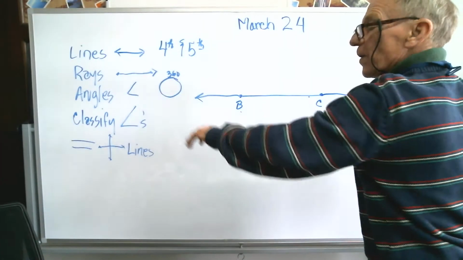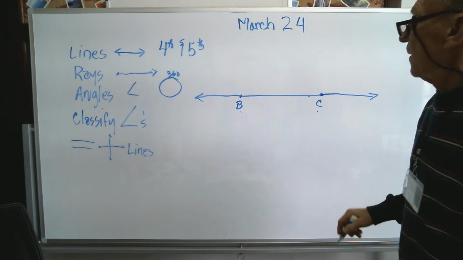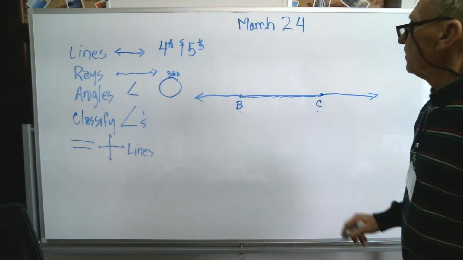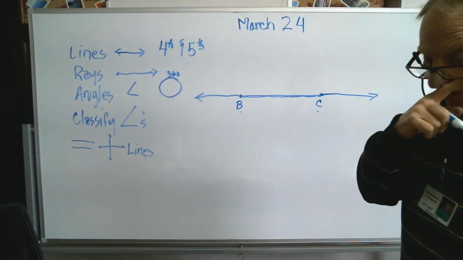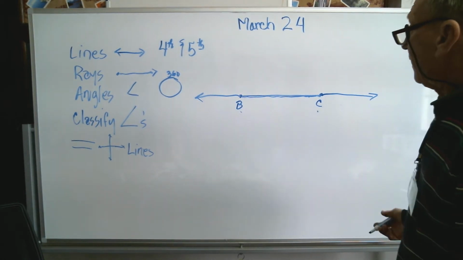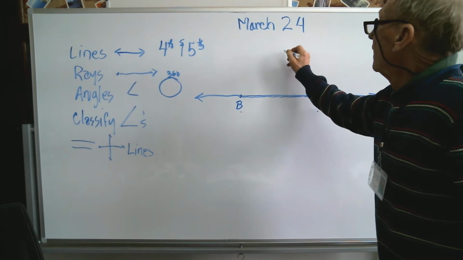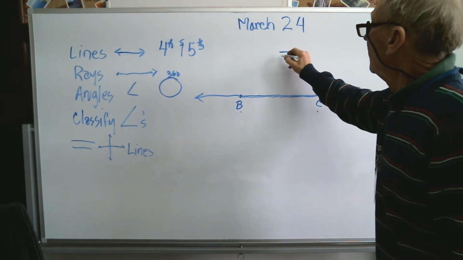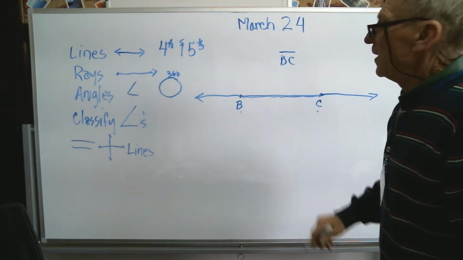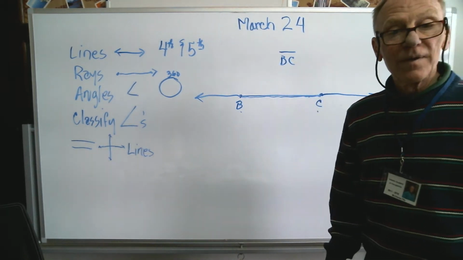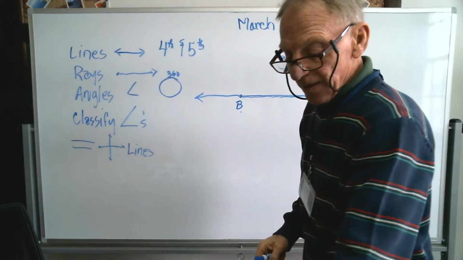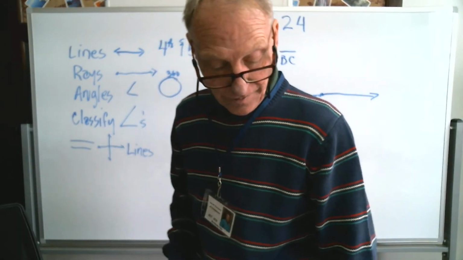Here's our line going off into both directions, but we're only concerned about this segment of the line. So now how would we notate a line segment? Well, it's just as simple. That's the symbol for a line segment. And then notate its reference points. So that's all there is to that. Let's see what else is in here.